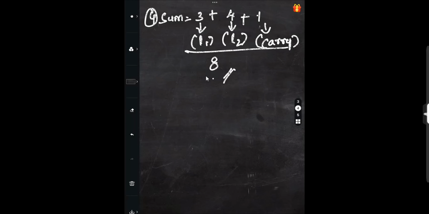Now we have the output 8. We are creating a new node with the value 8 here, because we are performing this operation, 8 modulo 10. We are updating the carry.